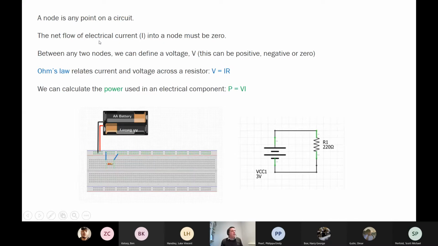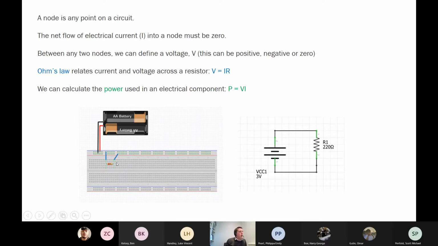Okay, so let's take that way of thinking about things and apply it to a really pretty simple circuit. So we've got a battery or two batteries. An AA battery has a voltage across it of 1.5 volts, and so two of them together gives you 3 volts. You don't particularly have to remember that, but that's just how this picture on the left corresponds to the picture on the right.